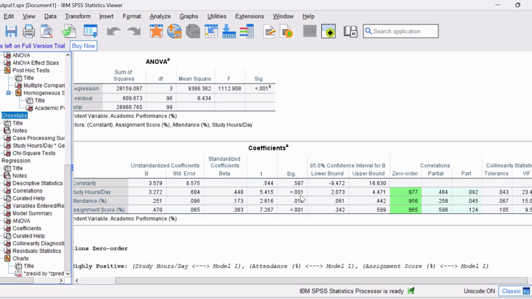Attendance had a coefficient of 0.251 and a significance level of 0.10. Assignment scores had a coefficient of 0.470 and a significance level below 0.01. This means all three variables contribute to predicting academic performance.